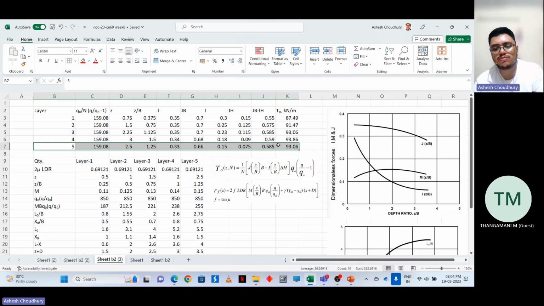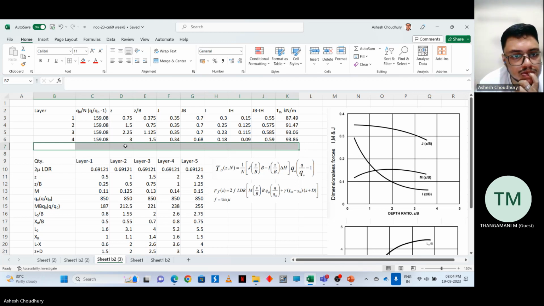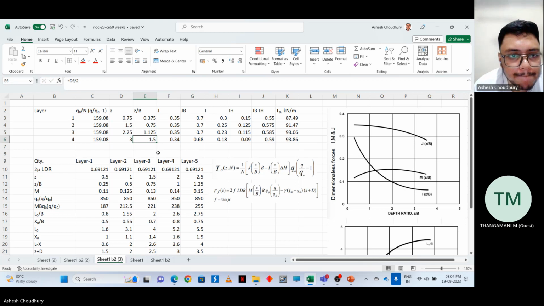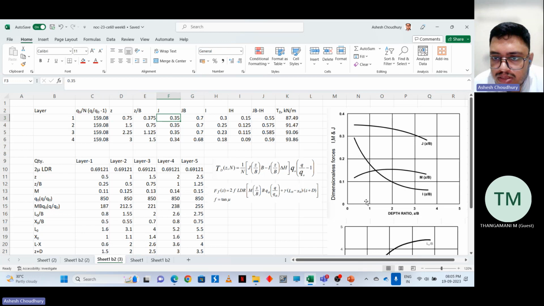This fifth layer is not present. So again, these J's we need to calculate. So say 0.4, almost 0.5 only. So it will be approximately 0.35. Then the 0.75. 0.75 means here.